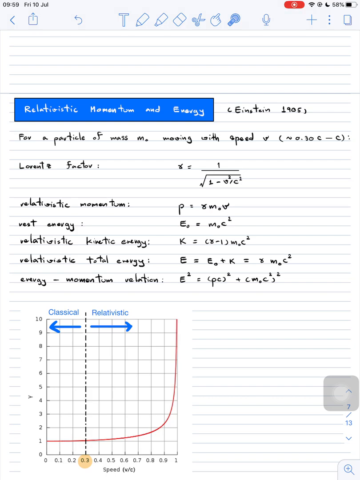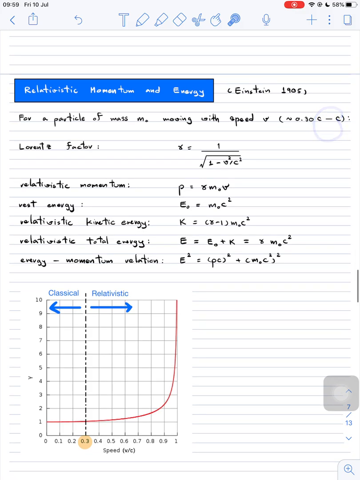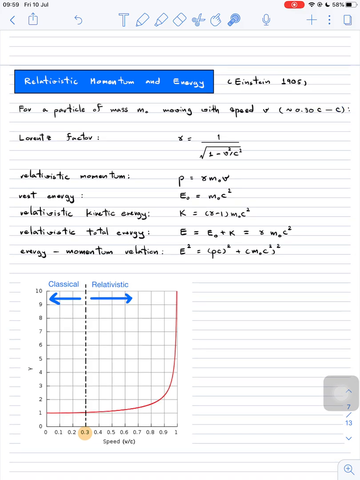When we have a particle of mass m0 moving with speed v, but now the speed v is about 0.3 the speed of light in vacuum. It means that the speed of the particle is very large compared to the speeds we are used to nowadays.